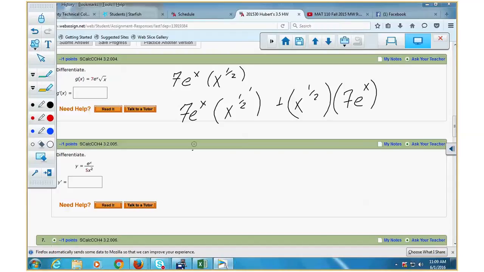And this is going to be 7e to the x, 1/2 x to the negative 1/2, plus x to the 1/2 times what? The derivative of this guy is going to be what? 7e to the x. Why? Because the derivative of e to the x is what? E to the x.